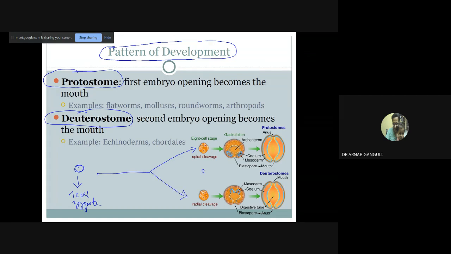At the 8-cell stage, there is a type of cleavage which takes place. One is known as spiral cleavage. The other is radial cleavage.